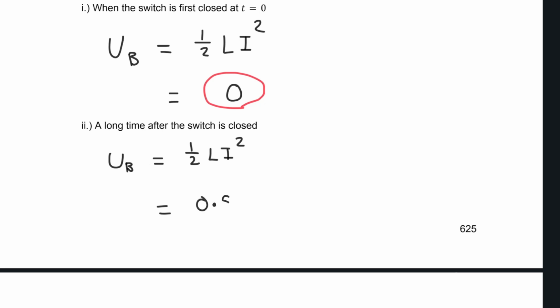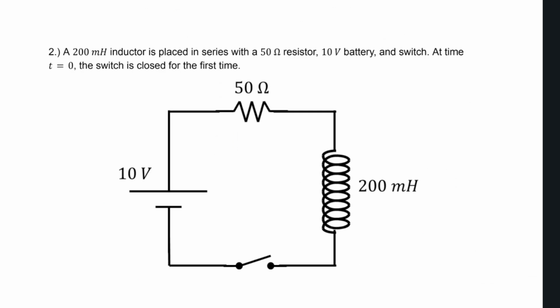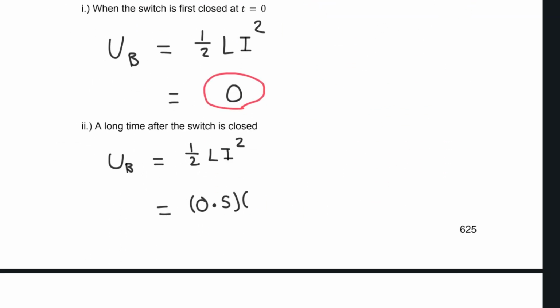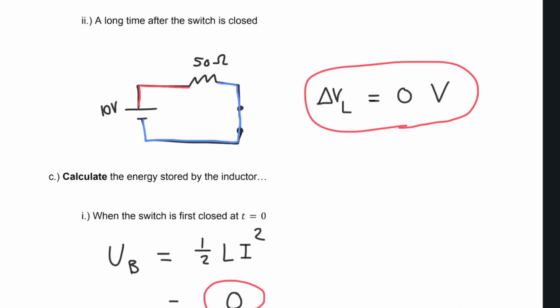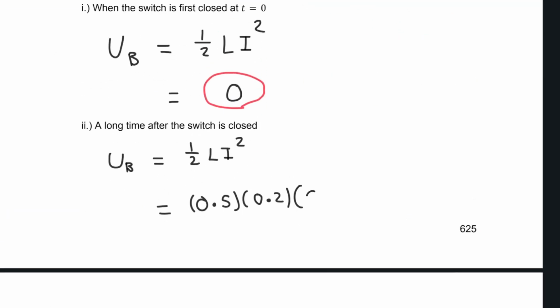But we do have a current, so we do actually have to work this out. So again, just looking at our values specifically, we have a 200 millihenry inductor, so 0.2. And then we also had 0.2 amps of current in steady state.